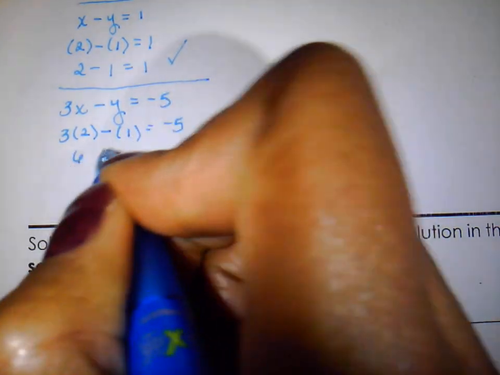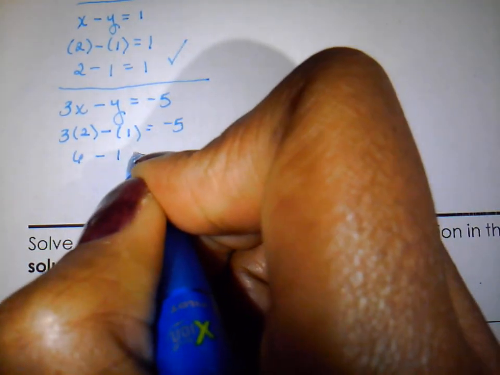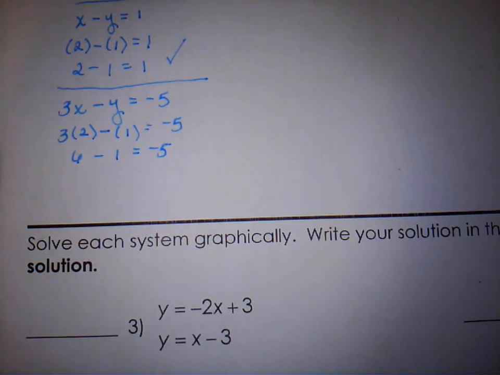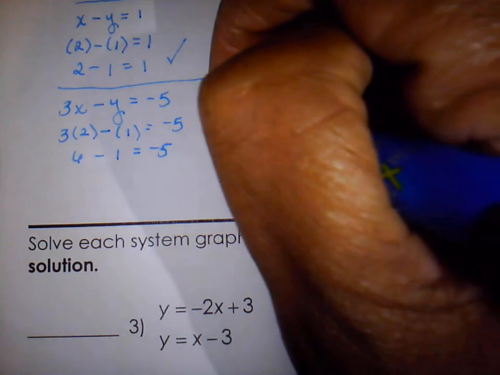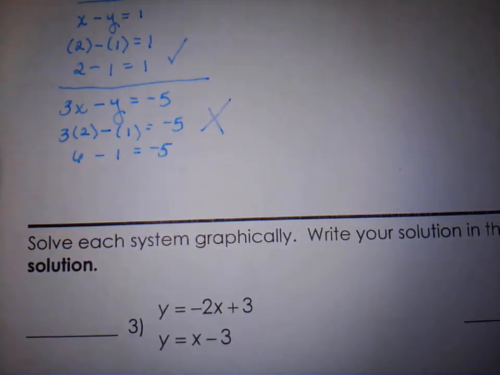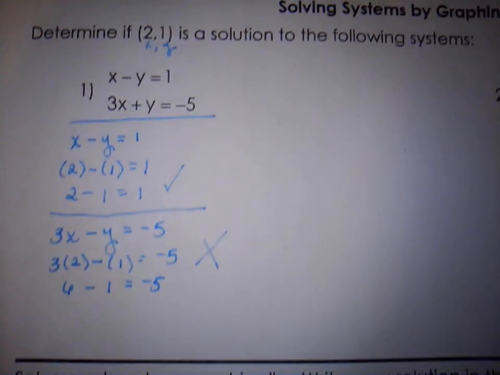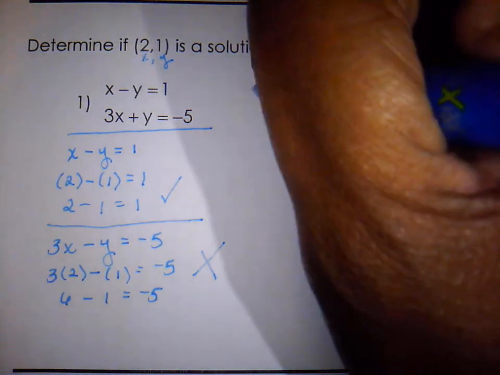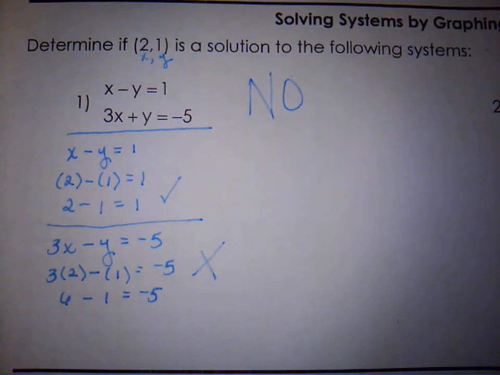I now have 6 minus 1 equals negative 5. Is that a true statement? No, it is not. So my question is, is (2, 1) a solution for this system of equations? No, it is not. So I'm going to put a big old no right here.